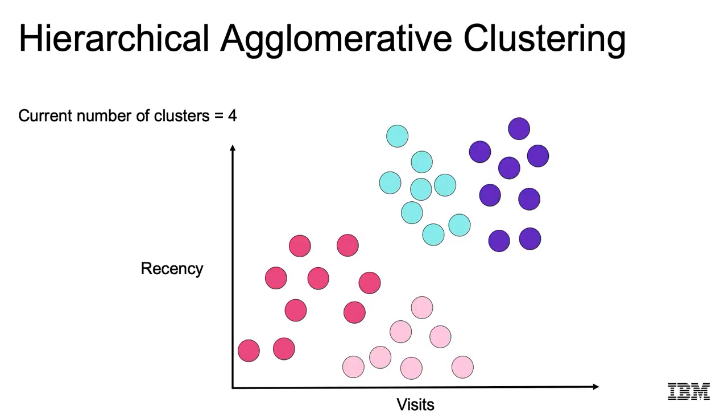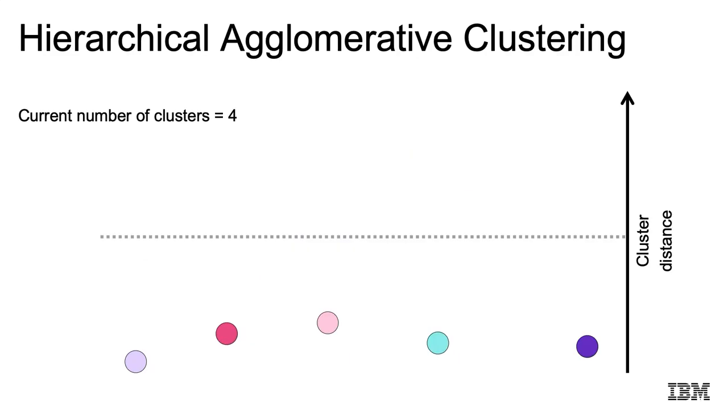So in the next iteration, we find that light purple and magenta clusters are going to be merged. Therefore, the average cluster distance for that particular cluster should increase. We can visualize this change as follows.